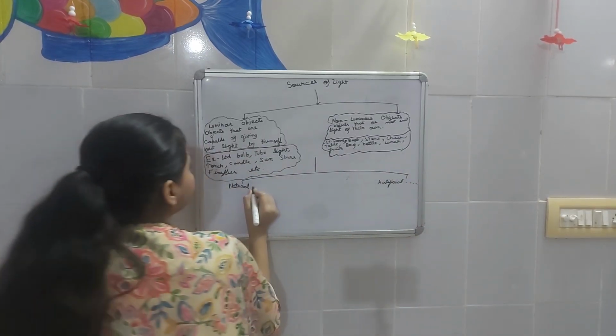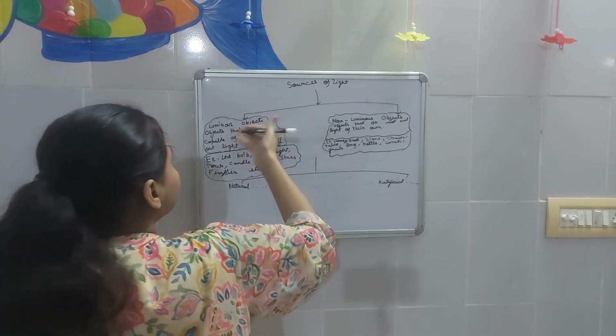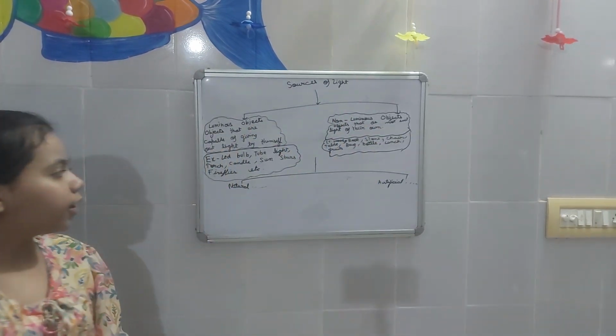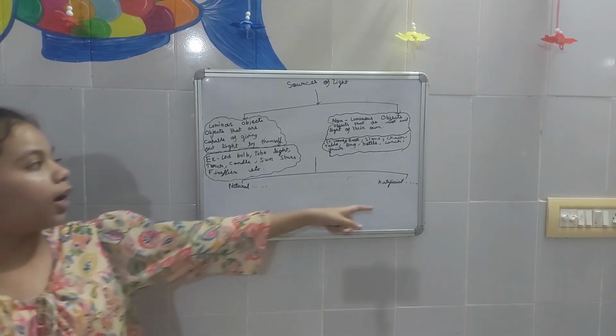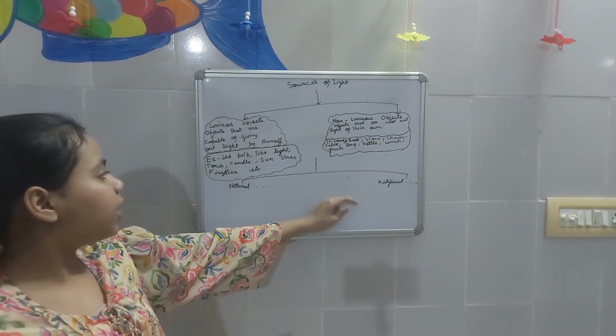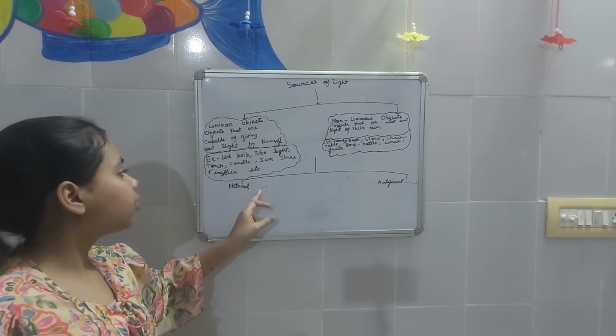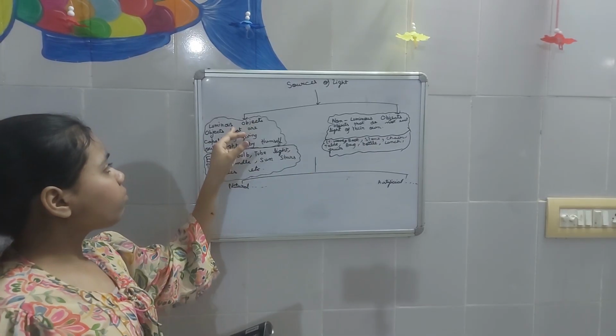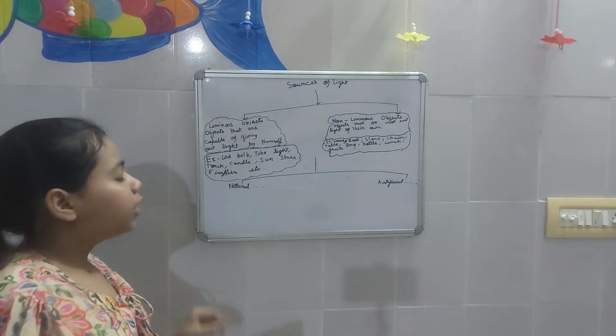Then you can add this part, luminous objects, right? Natural luminous objects, then artificial luminous objects. This you can add by yourself. So that's why I have made this. This you can add if you want.